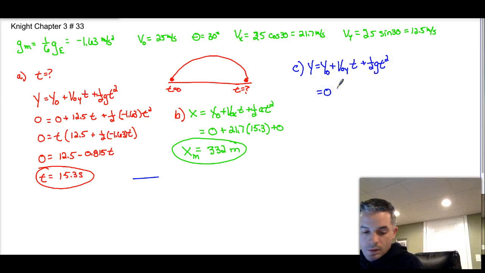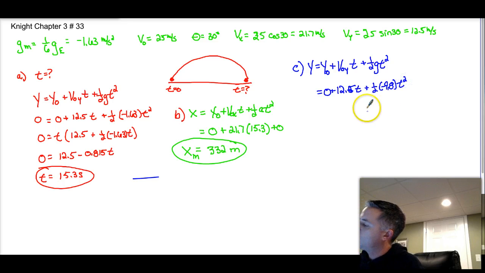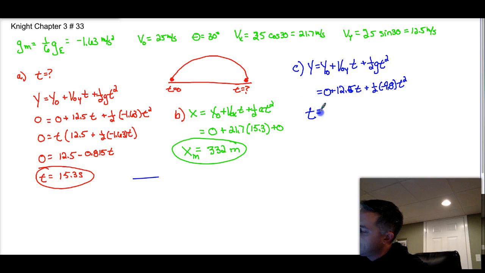So 0, 12.5 t plus 1/2 negative 9.8 t squared. So everything else stays the same except for that 9.8. If we follow the same pattern as we did for this piece right over here, we end up finding that t is going to be equal to 2.55 seconds.